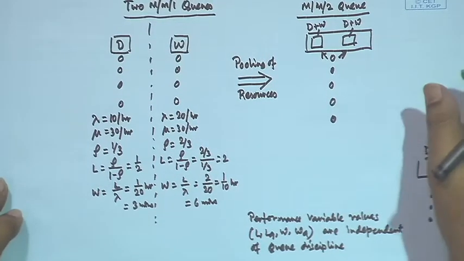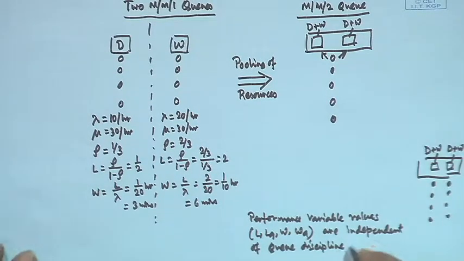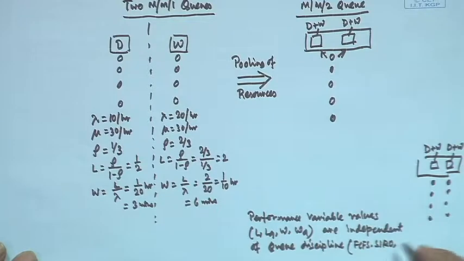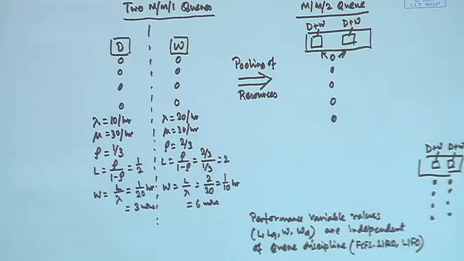Now, these queue disciplines like FCFS, service in random order and last in first out, do not change the system input or service processes.